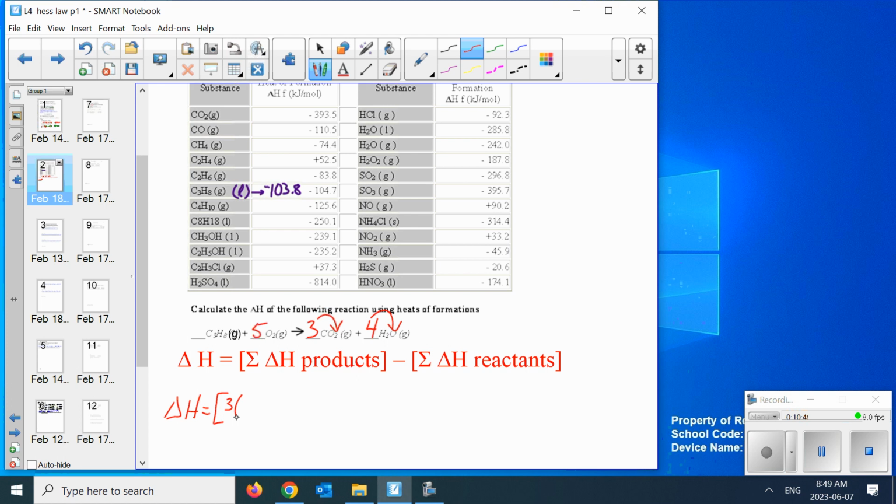I see that up here: negative 393.5. Now, you'll notice I put a 3 in front because of the balance number in front of CO2. That value of negative 393.5 is only for 1 mole.